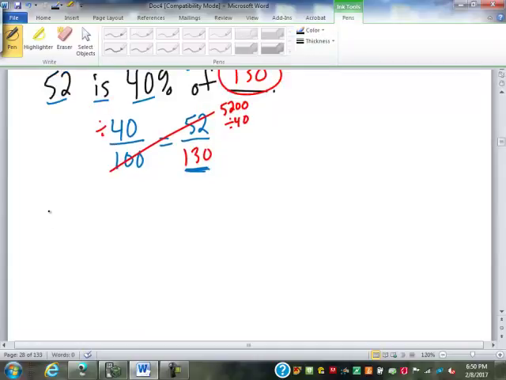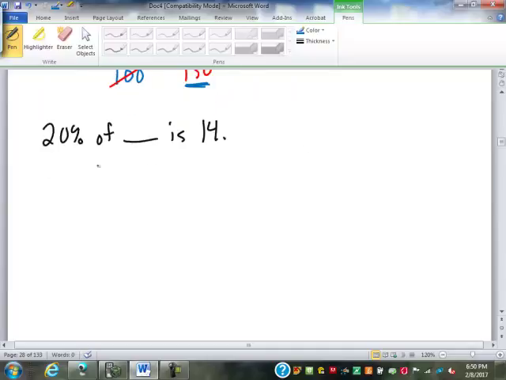So how about this one? 20% of blank is 14. Where would we start? 20%. Good. So 20 out of 100. Let's start out with the 14. Is the 14 going to go on top or bottom?